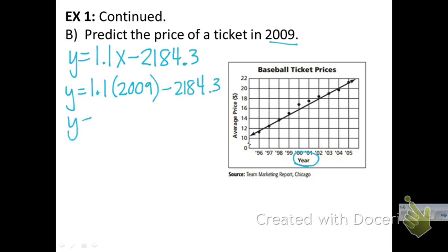And then we will solve that. So when we put that in, multiply it by 1.1, and then subtract 2184.3, we get 25.6, and that would be $25.60 for a ticket. I had some students guess about $30, and they were pretty close. And that should answer that question there.